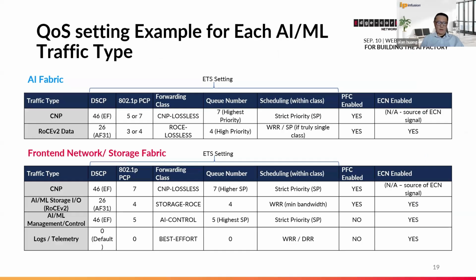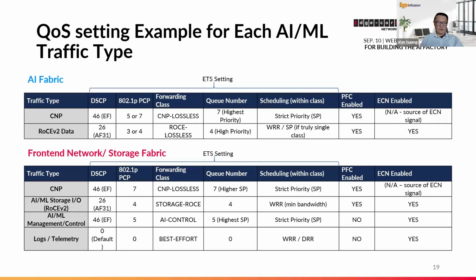Now, given the different characteristics of each traffic type, the QoS requirement is different for each type, and each needs a different QoS setting. So this slide shows an example of how to do the setting by traffic type. For AI fabric, it is mainly only dealing with the RoCE v2 traffic of learning operation.